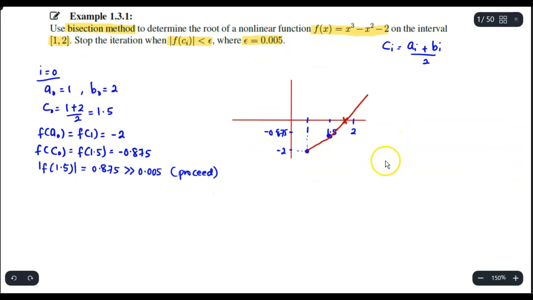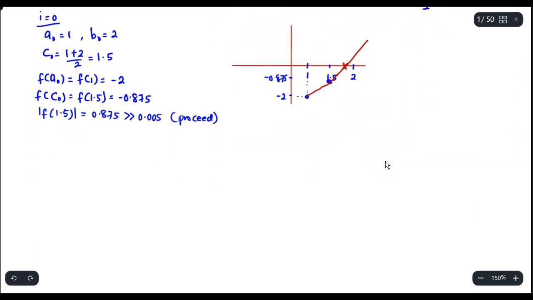So in the next iteration, when i equals 1, we are going to have a_1. Our a_1 now will be 1.5, because we are going to choose the interval at the right. We will ignore the interval at the left, which is 1 to 1.5.